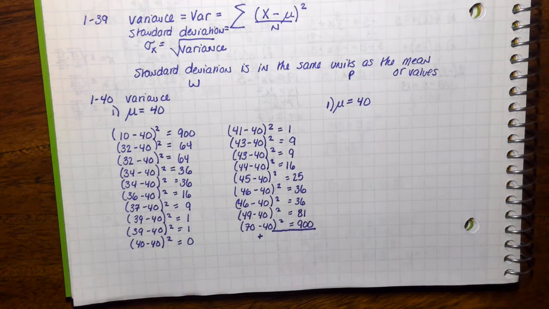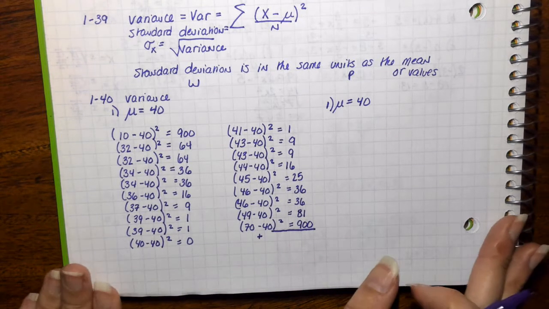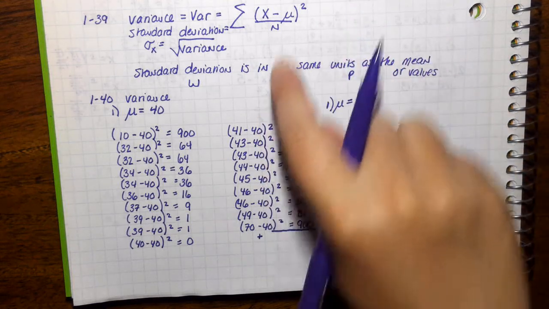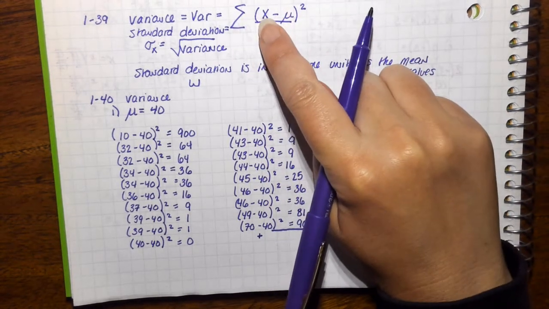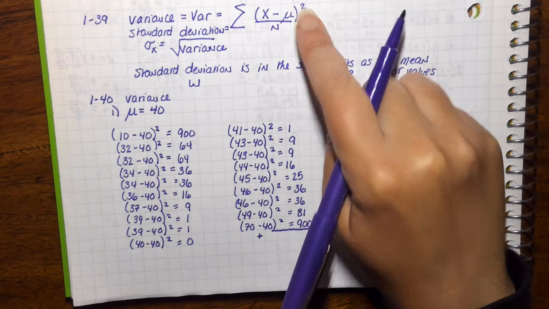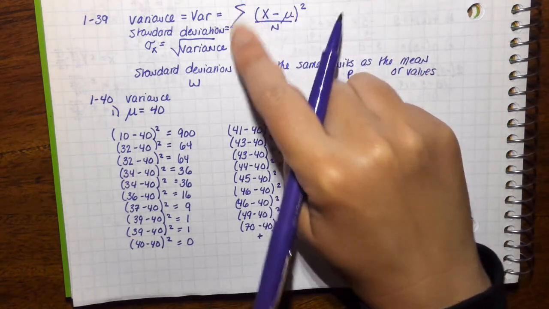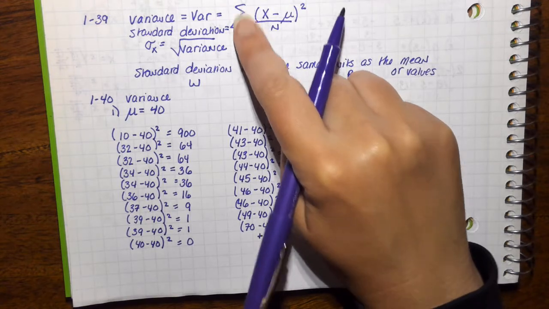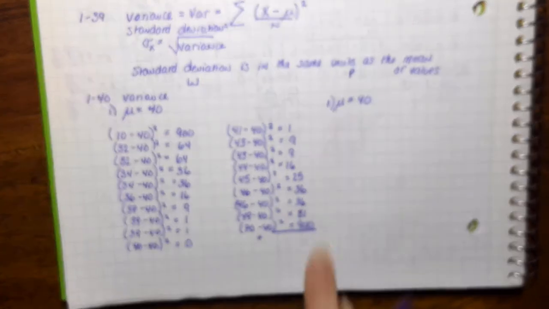Then what you're going to do is add all of those up and divide by however many there are. So right now we have each value minus the mean. We've squared it, and now we're going to do the sum part. This big capital sigma means sum, so we're going to add them all together.